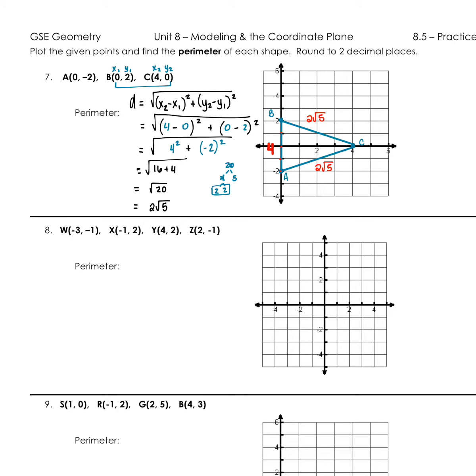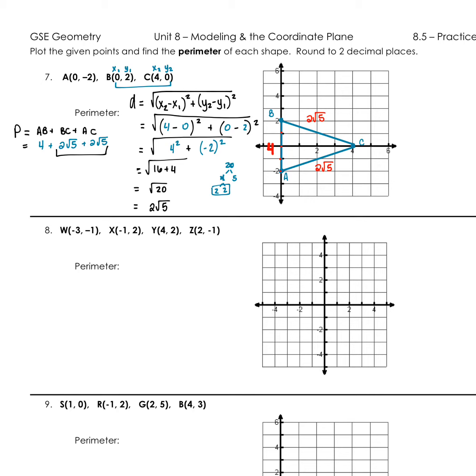So perimeter is just distance around. We're going to add up each side length. So it's AB plus BC plus AC, the distance around our entire figure. So 4 plus 2 rad 5 plus 2 rad 5. Remember that we can only combine like terms.